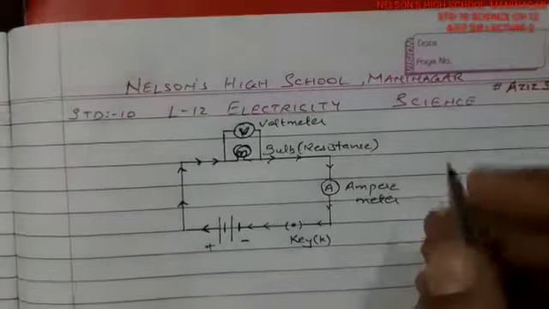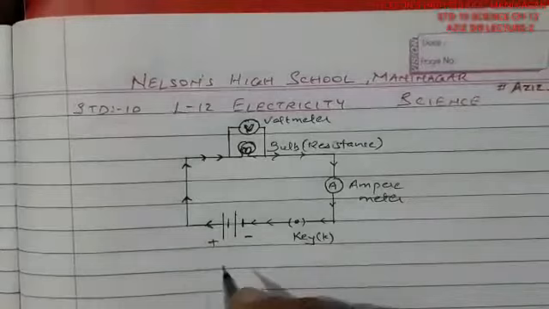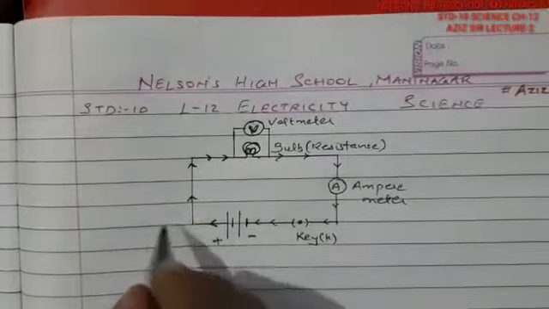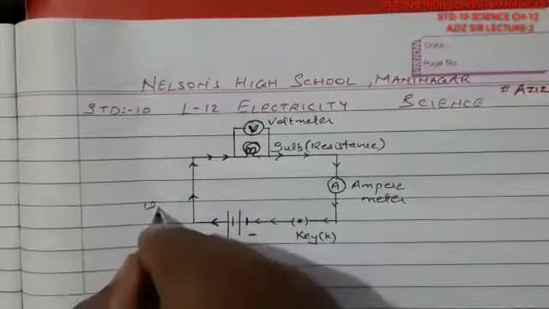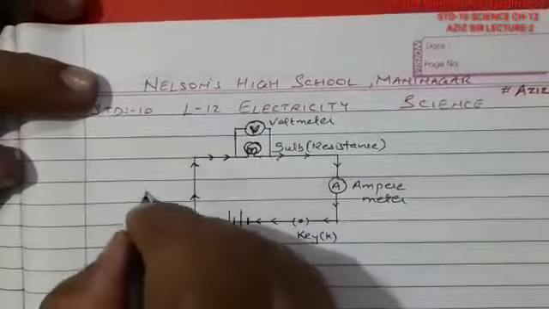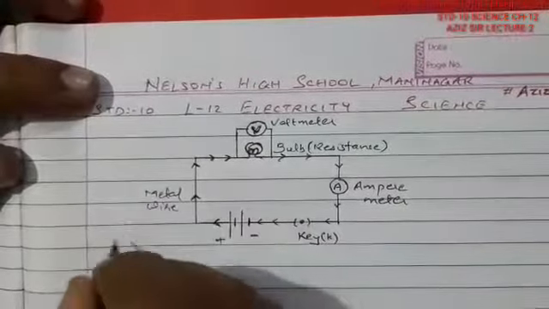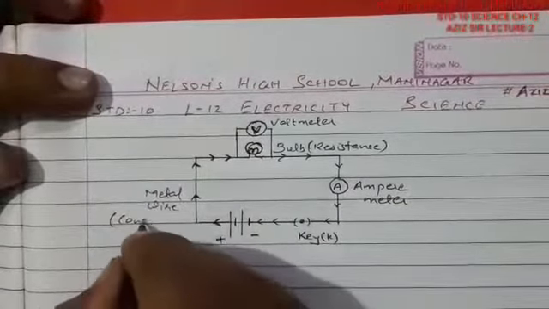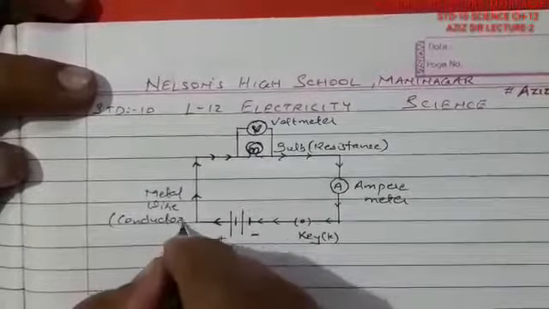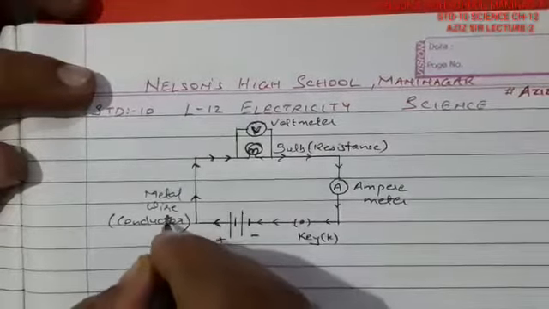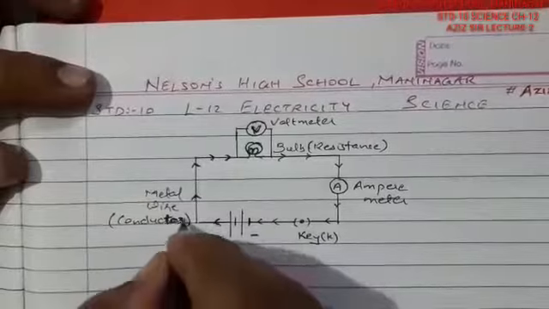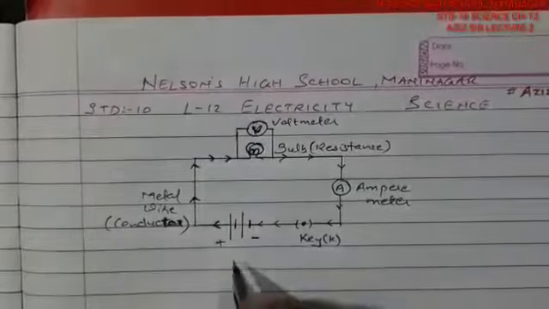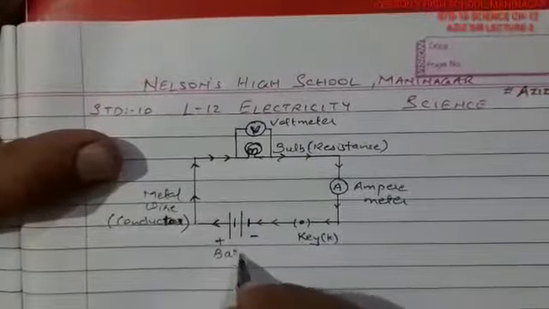So this is called a circuit diagram. Fine. This particular wire, the metal wire, is called a conductor because it conducts the electricity. Fine. This is called a battery.